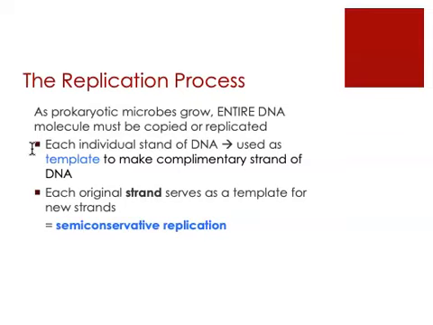A goes with T, G goes with C. Each of the original strands, in other words, serves as a template during this DNA replication process. We give this a name too. We call this semi-conservative replication. That term means that each original strand is going to be used to build a new strand.